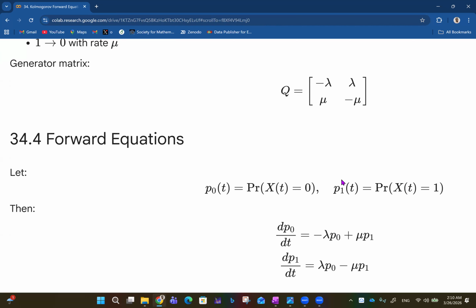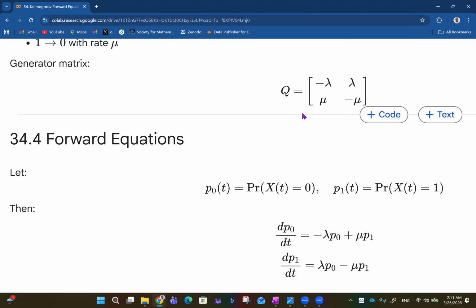So you see, based on this, the rate of change of P_0(t), that is moving from state 0 to 0, is minus lambda. So you have minus lambda P_0 plus, from state 0 to state 1, that's P_0, right?